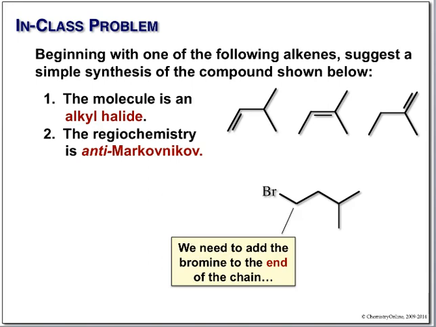So we look at our compounds here. The end of our chains kind of looks like these three, right? So which of these three could we react with HBr in the presence of peroxide to make this stuff? Well, this is actually really simple because only one of these terminals has a double bond, doesn't it? So it's got to be this guy.